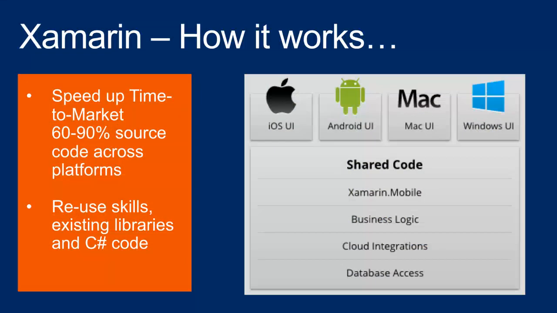Yep. Very nice. So the question is, how does this work? The way this works is very simply put: you split the backend from the front end. You share between 60 and 90% of your code across the different platforms, and at the same time, you have the possibility to write a beautiful platform-specific interface for Windows, for iOS, for Android, which allows you to render the nuances of each device, but also make use of the device-specific capabilities, such as, for example, the camera and the GPS.